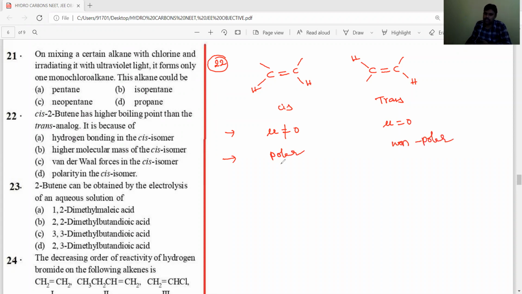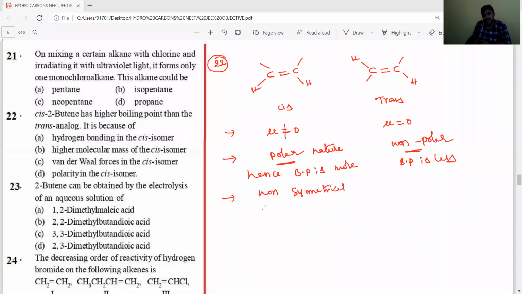If dipole moment mu is not equal to 0, it means polar nature, hence the boiling point is more. The trans isomer has a lower boiling point because of its non-polar nature. It is non-symmetrical, hence the melting point is low, and the trans isomer has a more symmetrical nature, so its melting point is high.